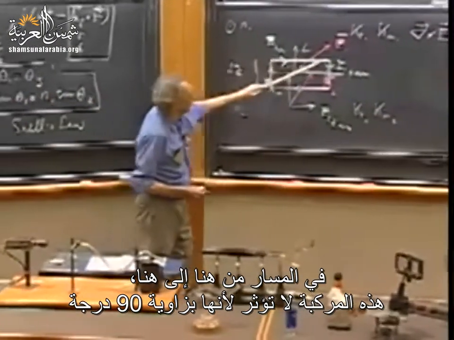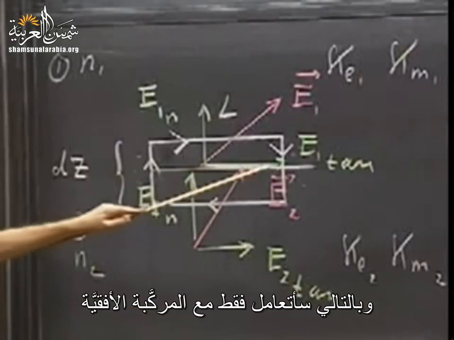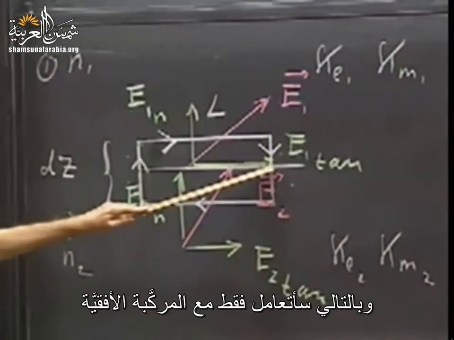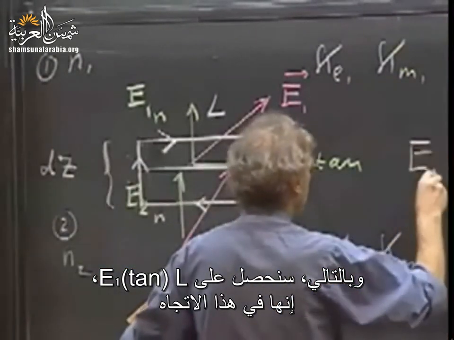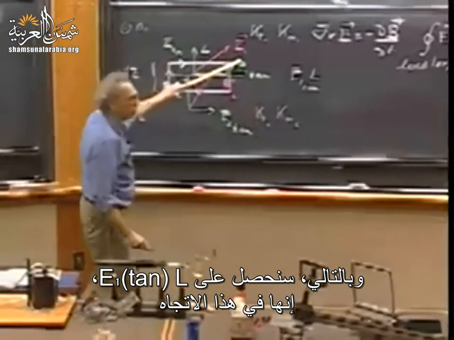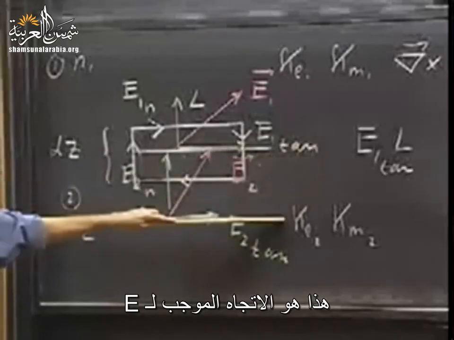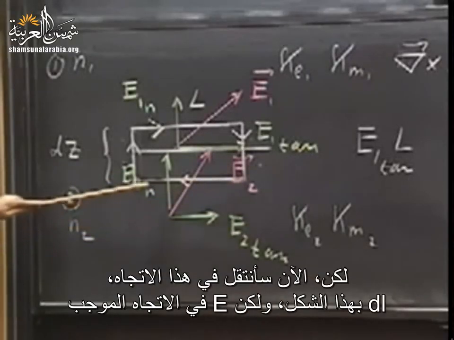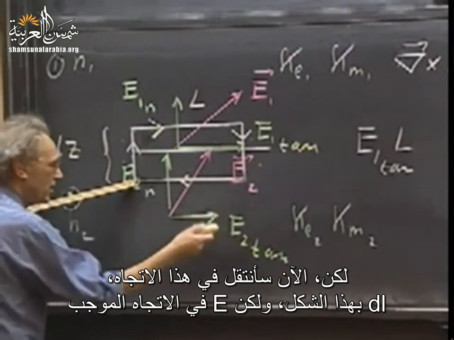And the path from here to here, this component has no effect because it's at 90 degrees. So it's only the horizontal component that I deal with. And so I get that E1 tangential times L, that is in this direction. This is my positive direction of E. But now I go in this direction. Now my little dl is like so, but my E is now in the positive direction.